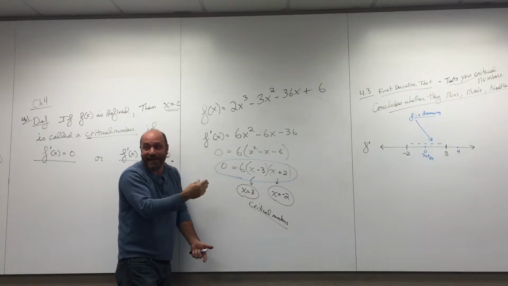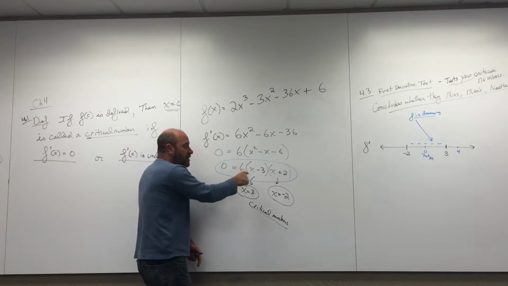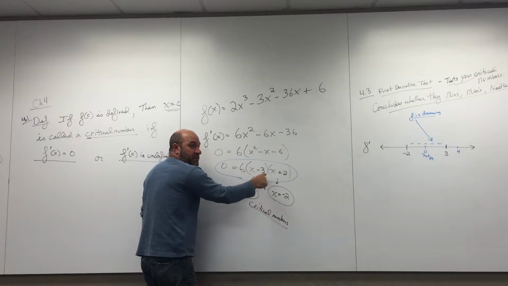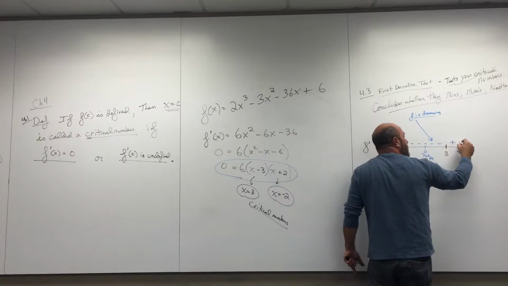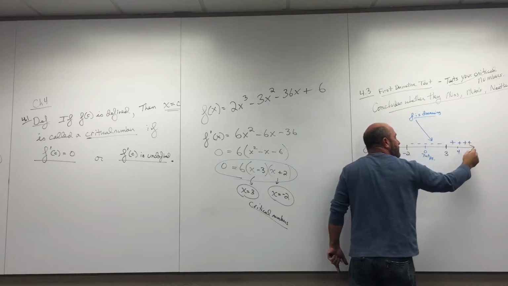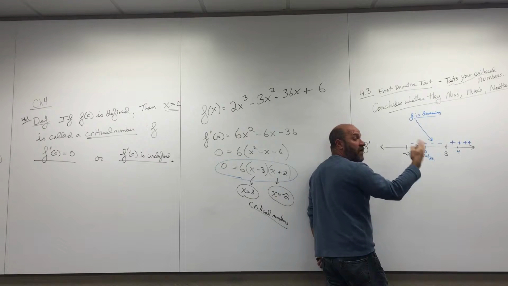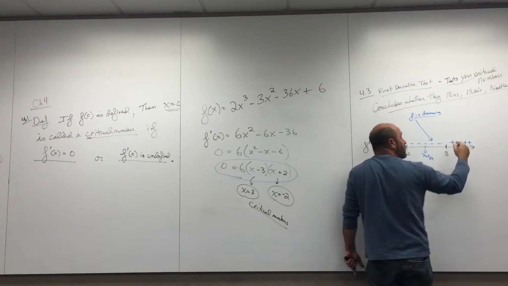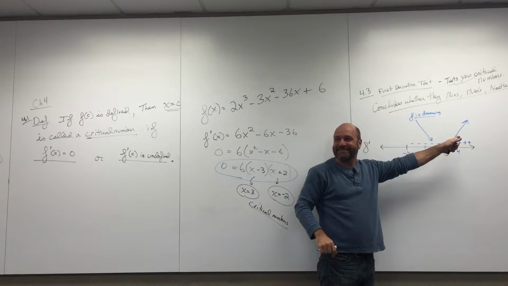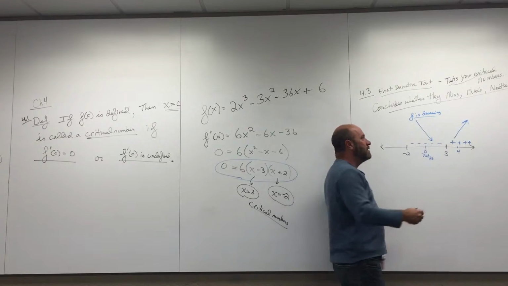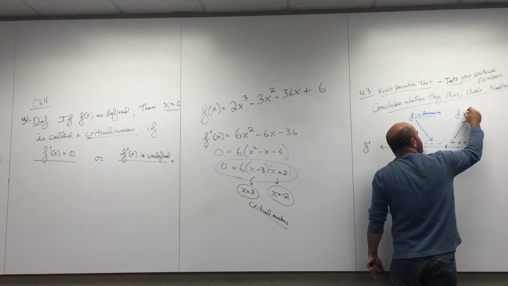I don't care what the value is, remember? I plugged in a 4 and it's positive times a positive, so it's positive. If the derivative is positive, the function is increasing. That little note is what tells me that. I'll write another little note here: the function is increasing.